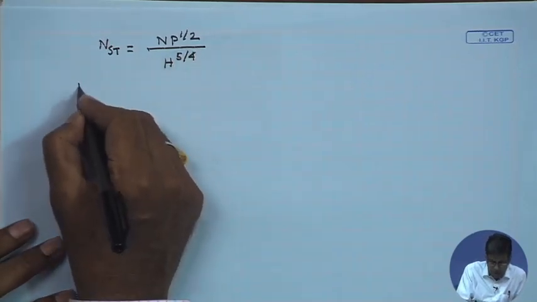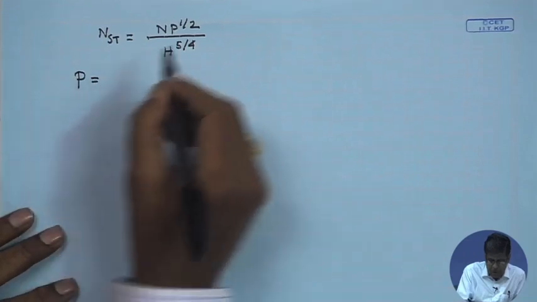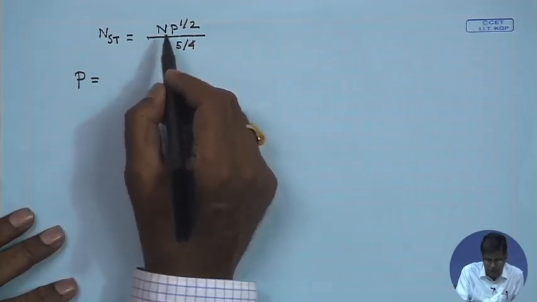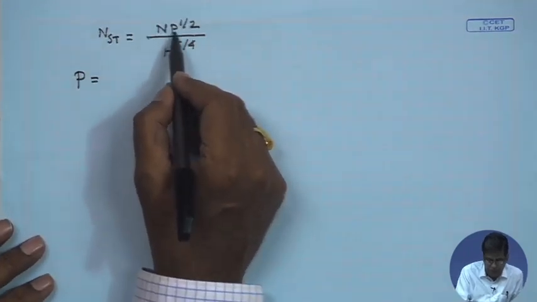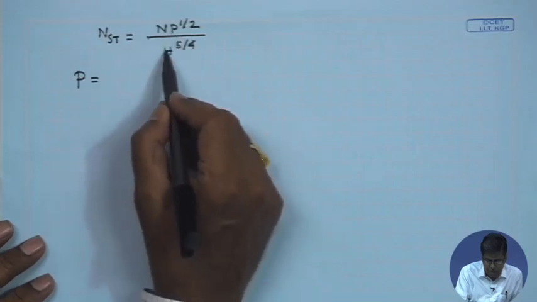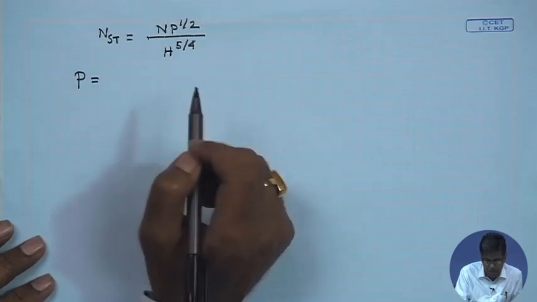Now, for Pelton wheel we can write this P. What is this? N is the rotational speed of the turbine, P is the power developed by the turbine, H is the head available to the turbine.